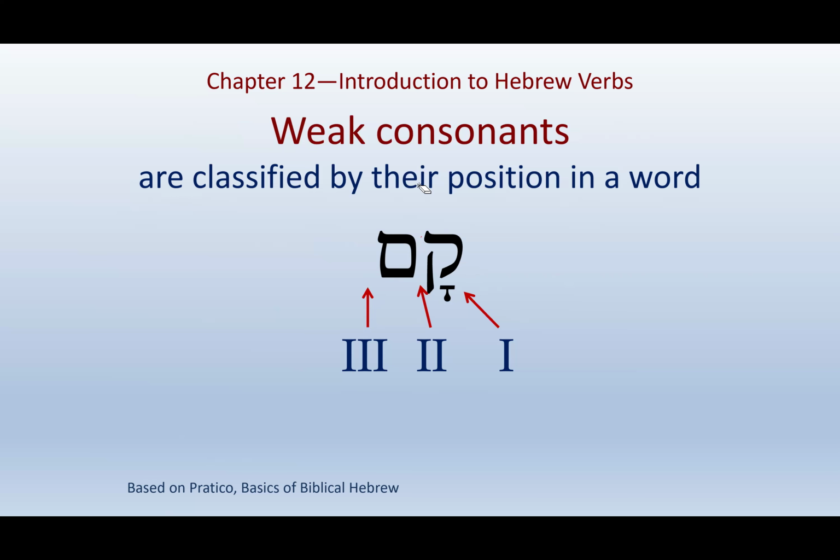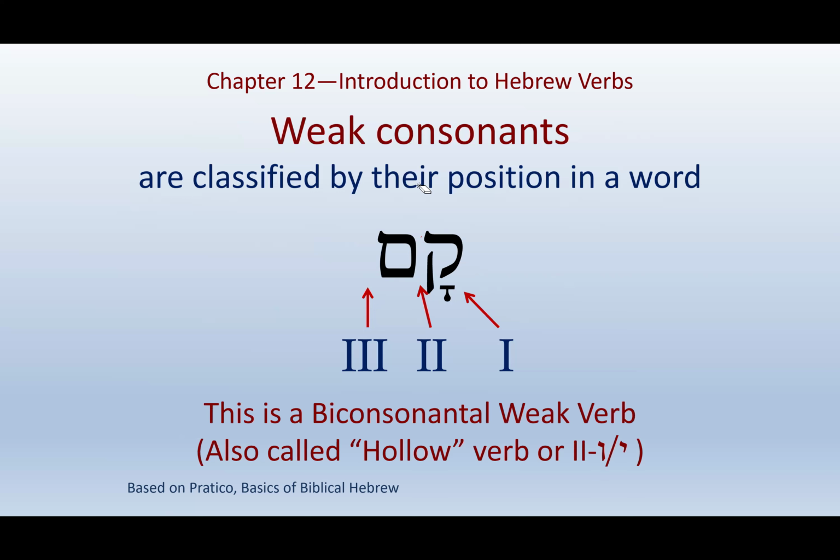But we call this a hollow verb, or sometimes a two vav yod verb, or a biconsonantal weak verb. Any of those work. I don't usually say biconsonantal because I have a hard time saying it, as you can probably tell. But I do often use the word hollow or two vav yod. I use both of those terms most of the time myself. The book always likes to use the hard pronouncing, so we'll be seeing that a lot too. But that's what that is.